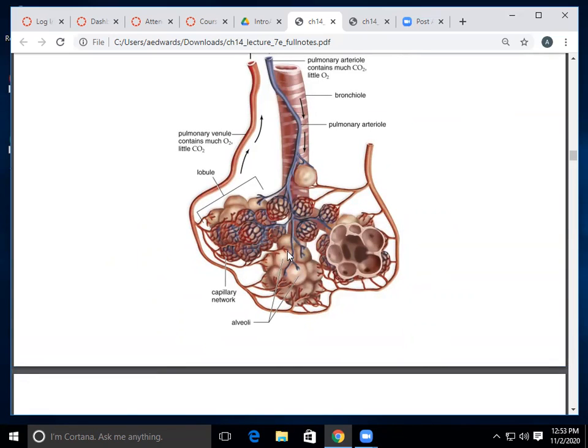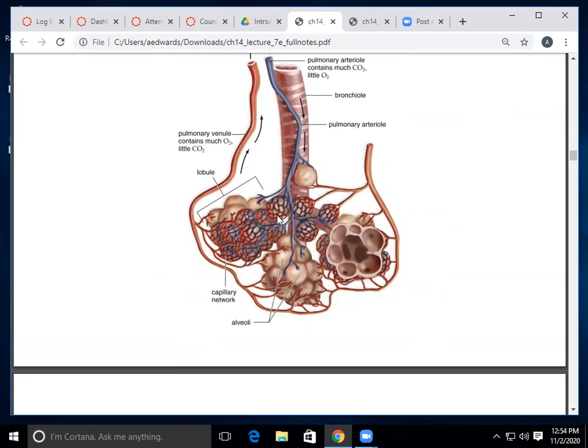All right, and the alveoli you've inhaled, so those alveoli have a high concentration of oxygen, right? So oxygen is going to go out of the alveoli into the capillaries, okay, because it's going in the direction of its concentration gradient, high to low, right? Carbon dioxide concentration is higher in your pulmonary arteriole.